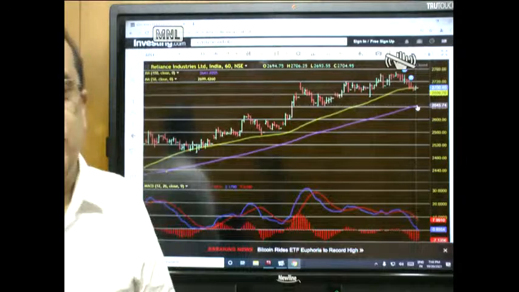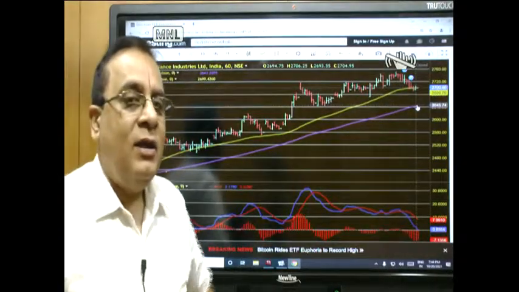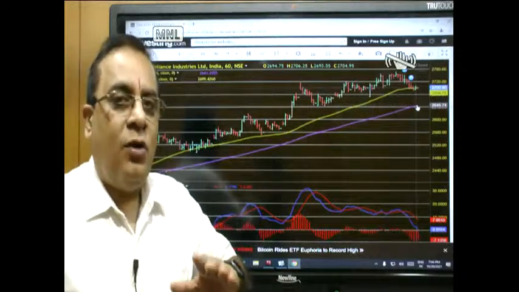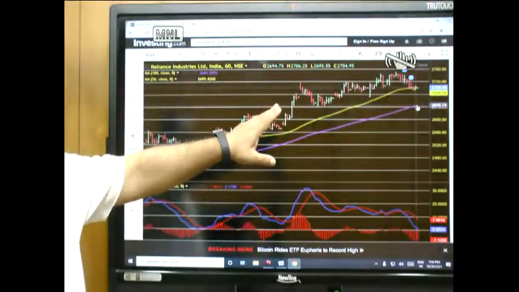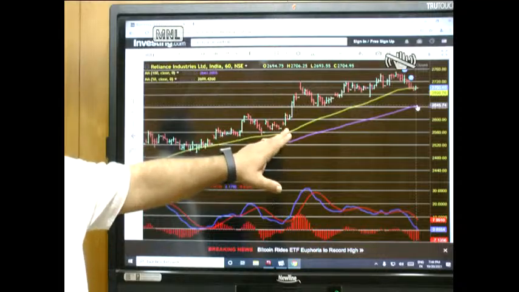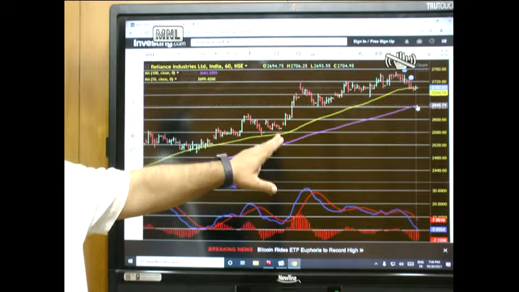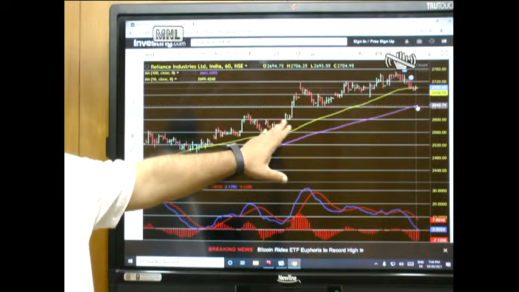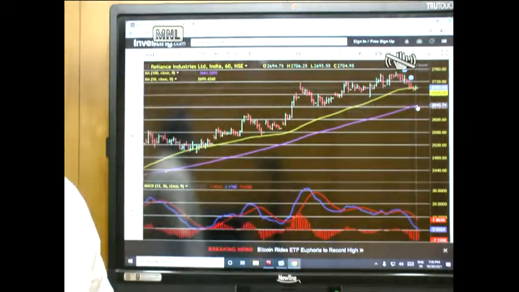So any short below 2692 can carry itself right up to 2644, 45, and there again if a pivot bottom is formed, you can look towards going long. So right now a pivot bottom is there below the 50 moving average. Anybody who is going on the long side should keep 2692 as a stop loss, and if there is a fall below 2692, just look for 2645.